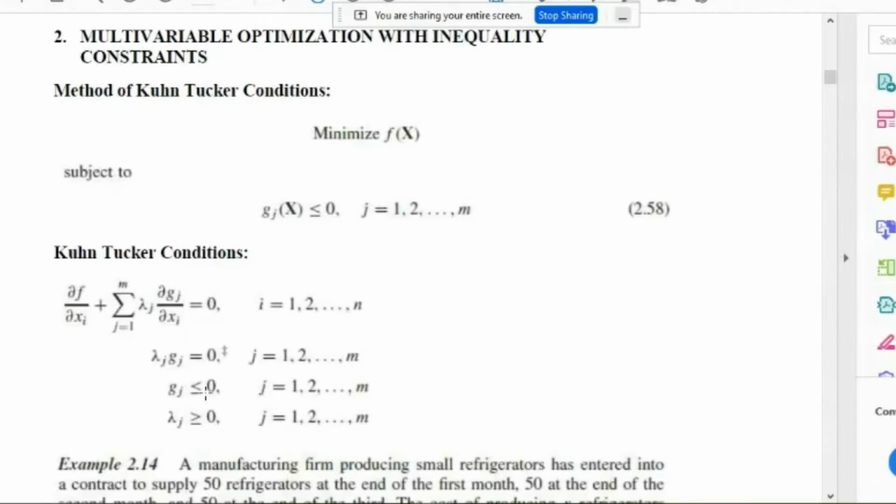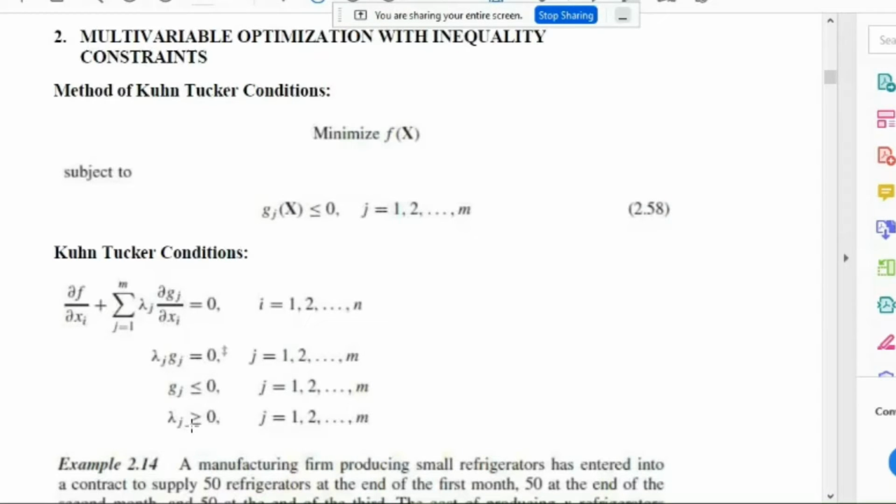That is two cases. Here one case is less than or equal to 0, and another case is minimization with greater than or equal to type constraints, in which case lambda j will be less than or equal to 0. The first two remain the same, the third one is the given constraints, and the fourth one is the Lagrangian multipliers.